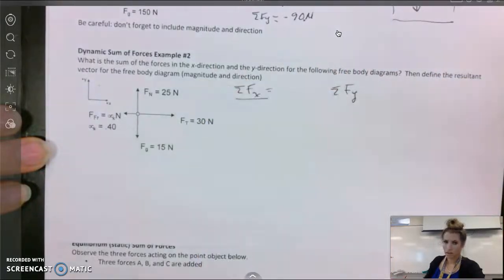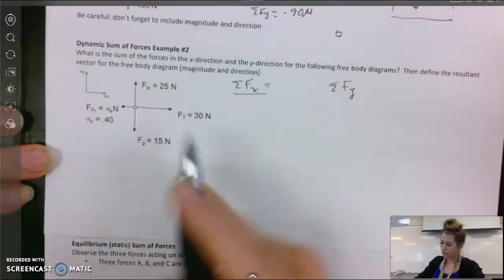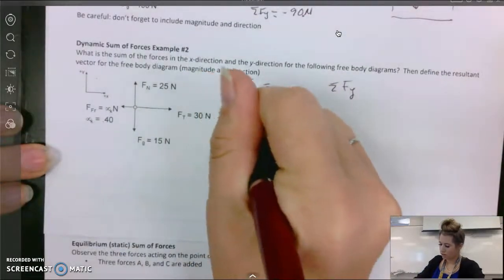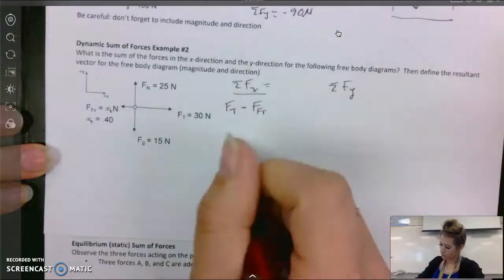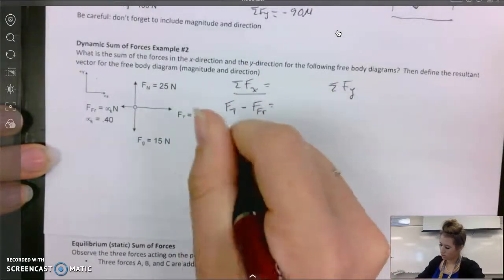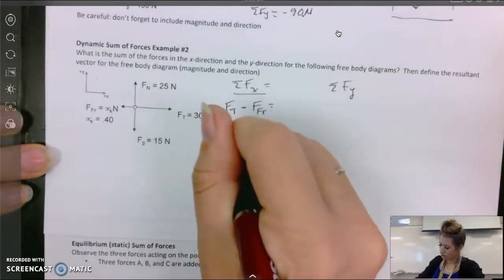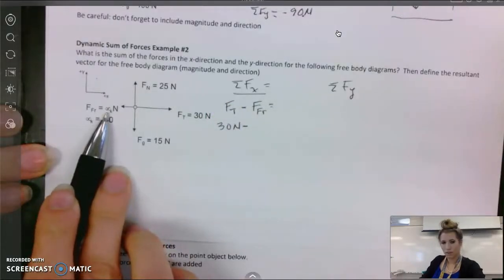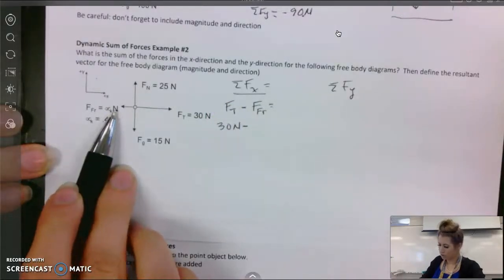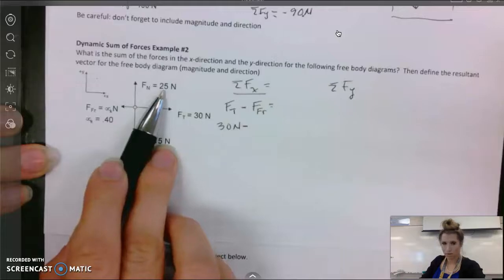So in the x direction, we have a positive force of tension, and we have a negative force due to friction. So the force of tension is 30 newtons minus friction, which is mu k times the normal force, and the normal force was 25 newtons.